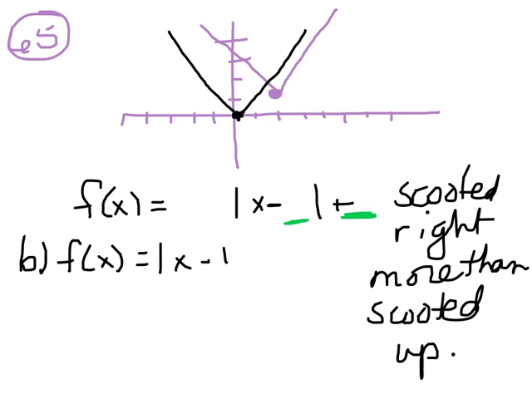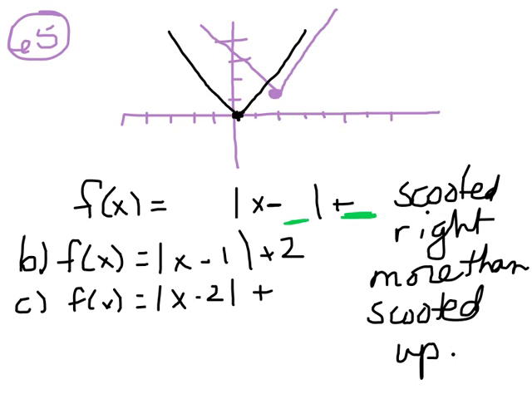B says absolute value of x minus 1 plus 2. C is f of x equal absolute value x minus 2 plus 1. Just out of these two, I'm leaning toward C because I can tell that the graph was scooted right more than it was scooted up, if I'm assuming that they numbered the same on the x and the y axis, that they're using the same scale.